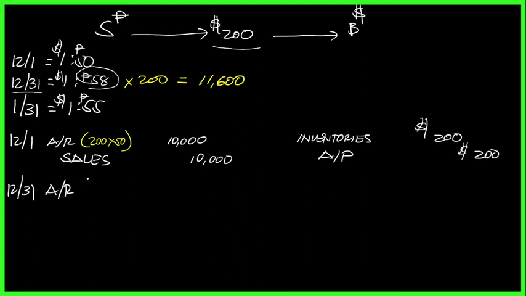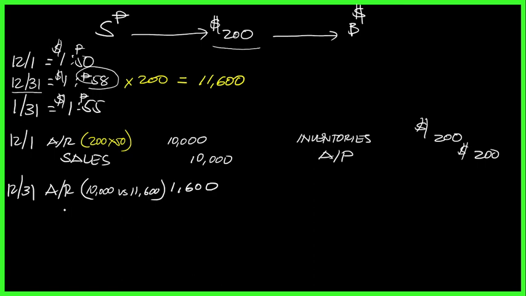I'm repeating myself, right? But you're not going to debit 11,600. Instead, you will just add 1,600. So that will now be 10,000 versus 11,600, and the credit is not credit sales.